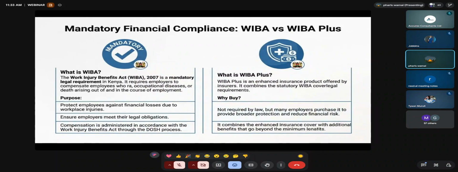WIBA Plus is not required by law, but many employers purchase it to provide broader protection and reduce financial risk. It's also good to note that the premiums, and the compensation you're going to get from WIBA Plus, will be a bit higher. So also make sure that your employees are better covered by the insurance cover.